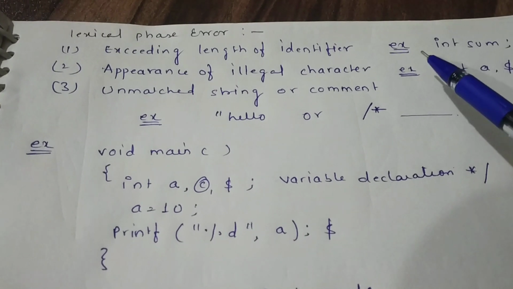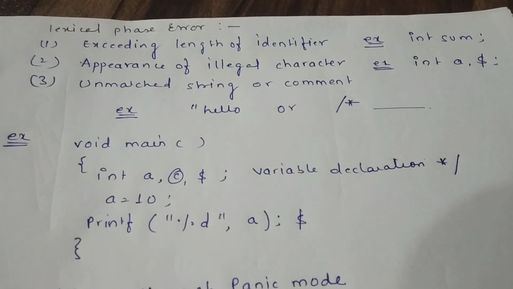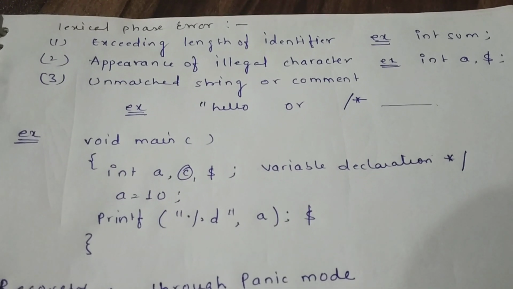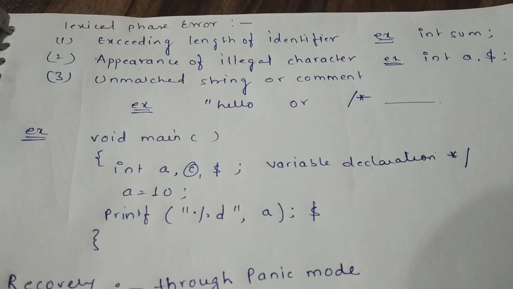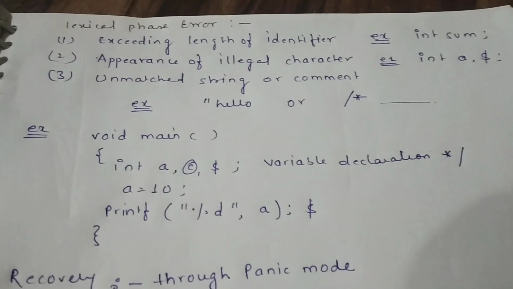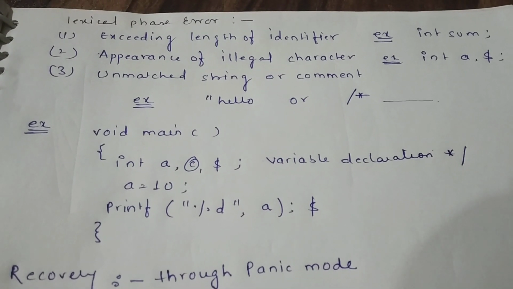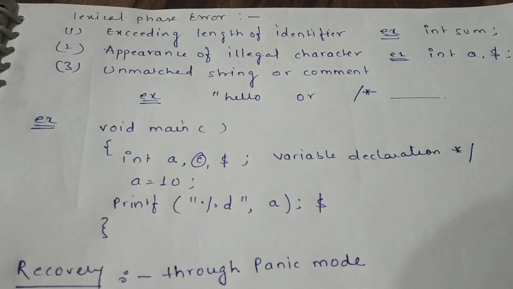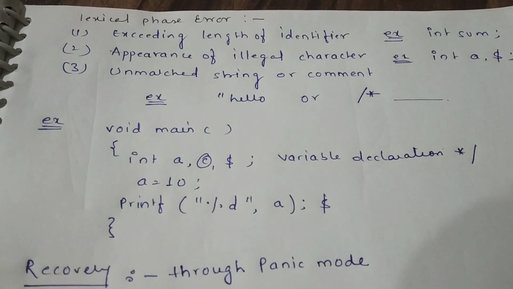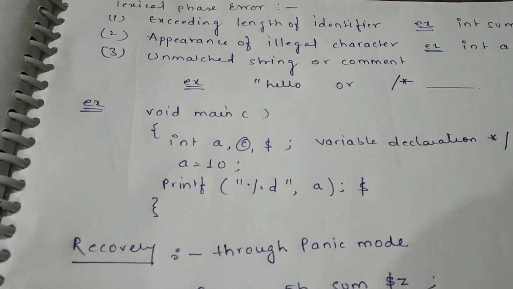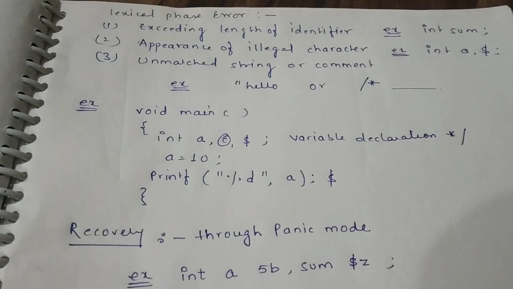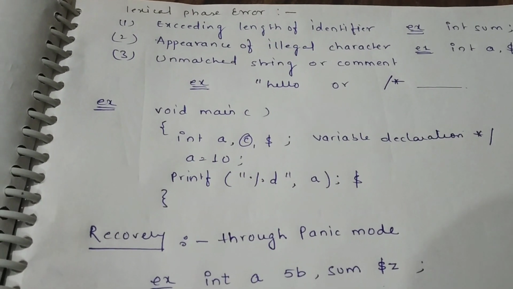So suppose we write any program and in that program we declare the variable name, and the length of that variable name is more than 31 characters. For the C language, or for the Fortran language it is more than 7 characters.